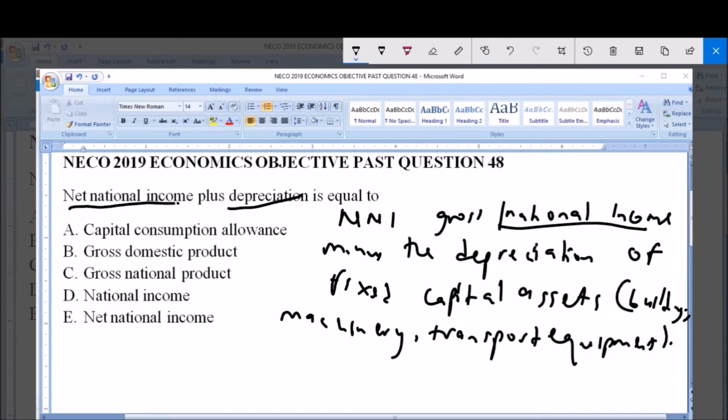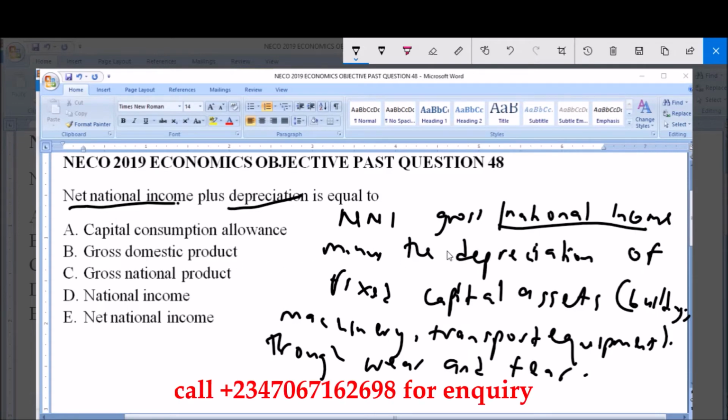And this depreciation of fixed capital assets occurs usually through wear and tear. So net national income is national income or gross national income minus depreciation.